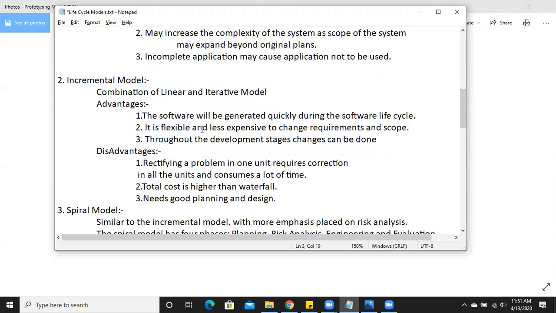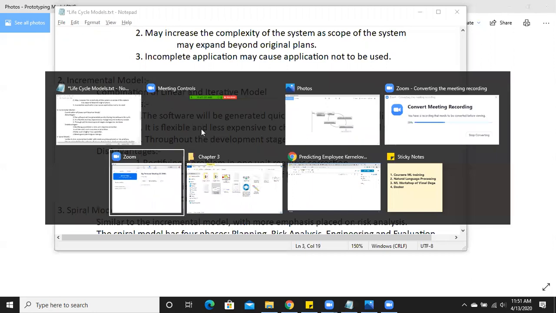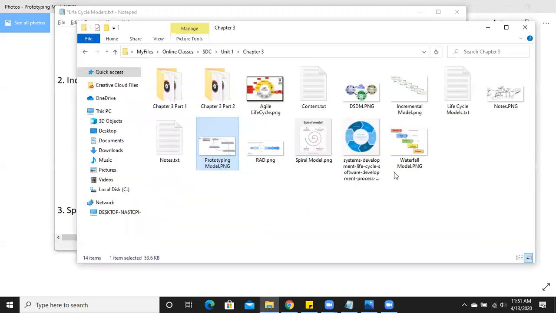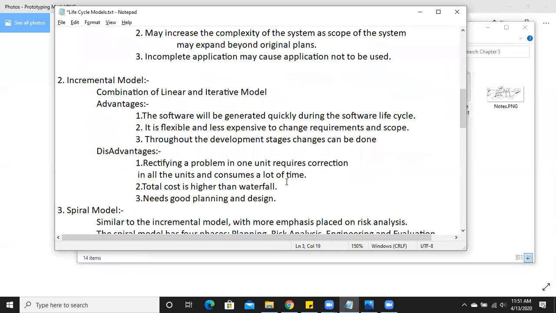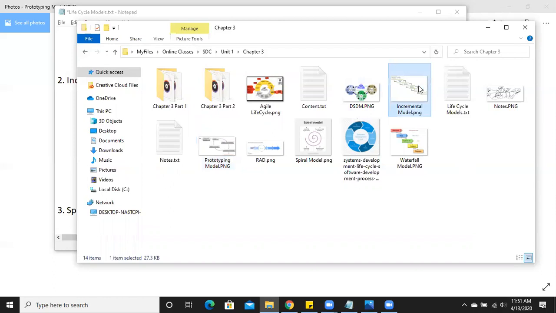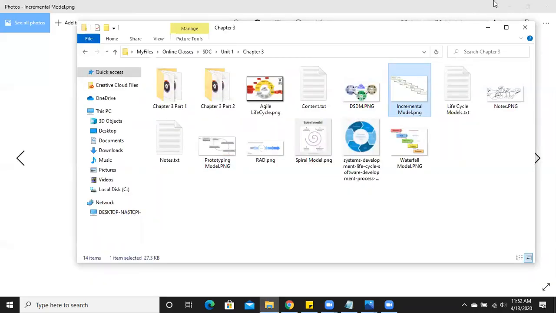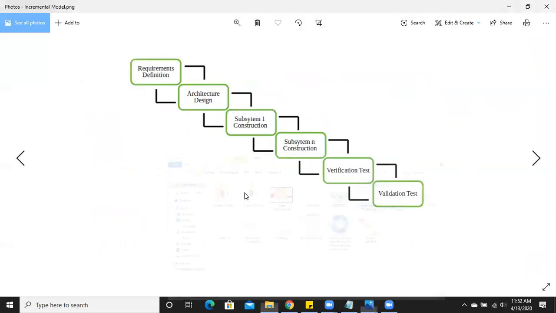Let's move to its diagram also. Okay. So this is the incremental model's logical view, or we can say the diagram, right?